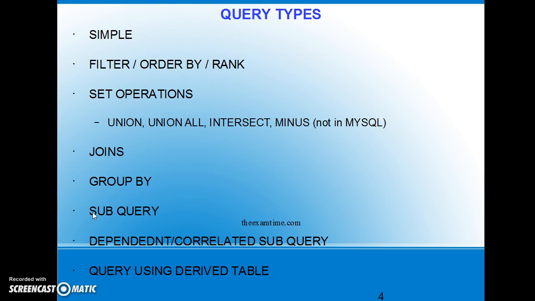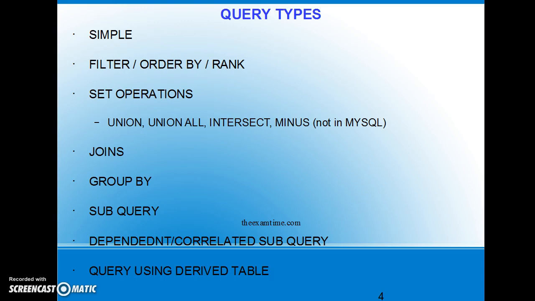Sometimes a single query might not be sufficient. You have to get some of the filter criteria or some other details from a subquery. So the main query depends on your subquery results. A subquery can be independent of the parent query, the main query, or it might be dependent on the main query. For example, in a scenario, you want to find out employees whose departments are located in China.